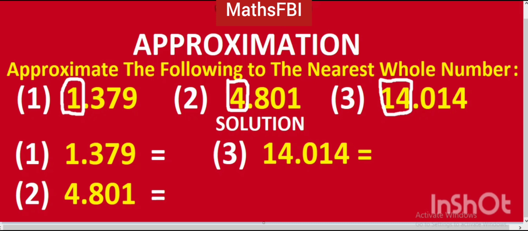Now, before we dive into the solution, there are some rules, some principles to take note of. We have identified the numbers to be approximated. We are to approximate the questions to the nearest whole number. Now, the first thing you ask is, what is the next number to the whole number in question?